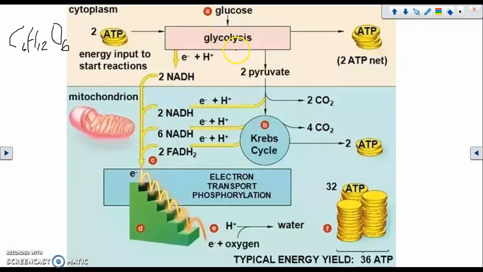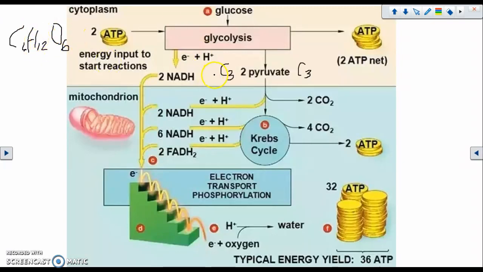Glucose, folks, in glycolysis, it's 6 carbons, right? It is split into 2 pyruvate molecules, and each pyruvate molecule has 3 carbons. Okay? So you went from 6 carbons into 2 moieties that each have 3 carbons. Now, in the process of splitting them apart, you lose hydrogen atoms.